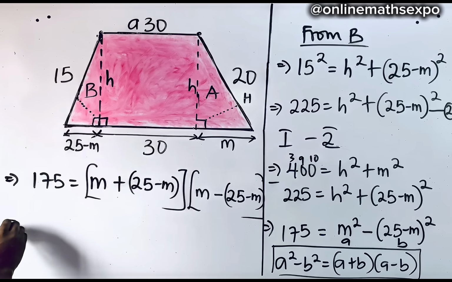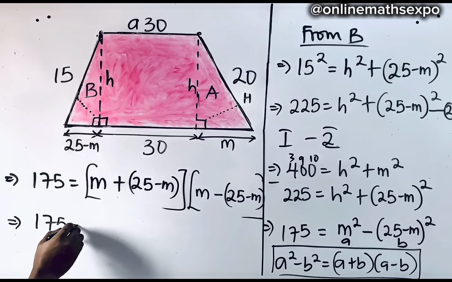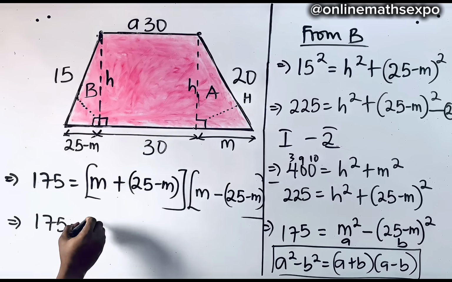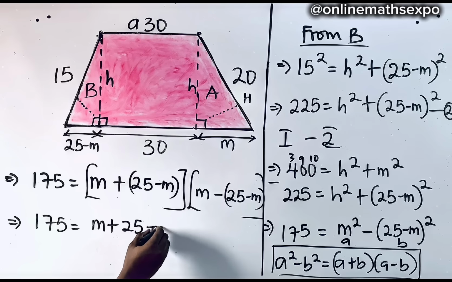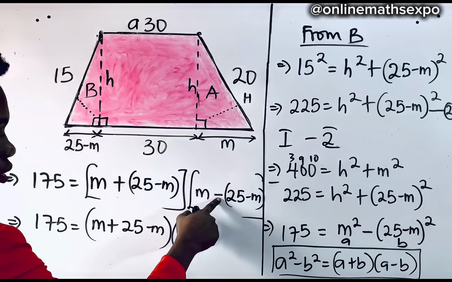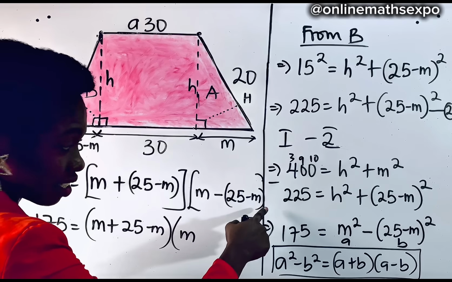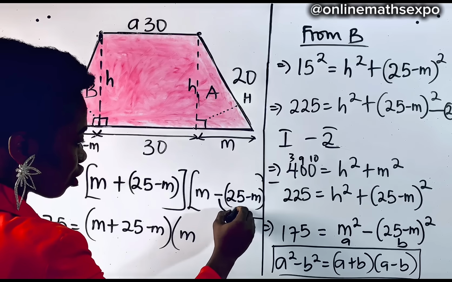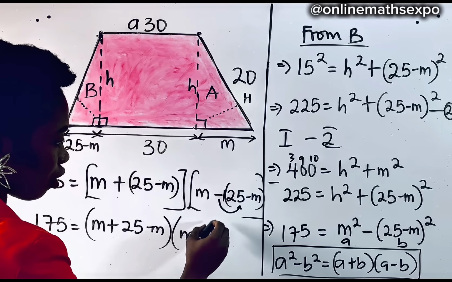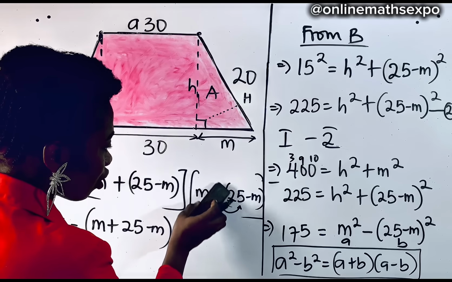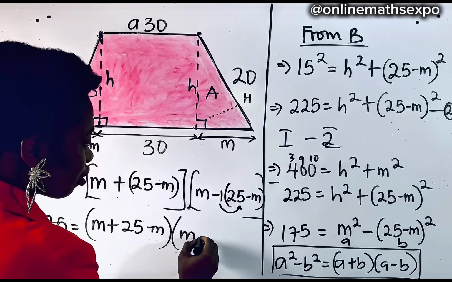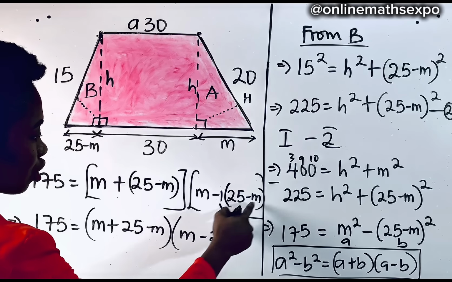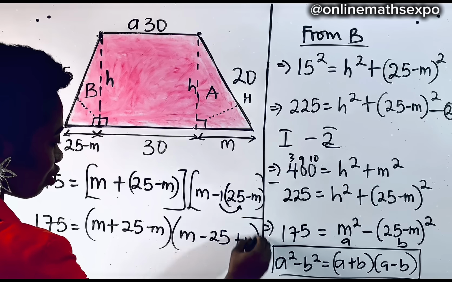Remember to distribute the negative, just like using -1. This gives us -25 and, using it to distribute, +m.